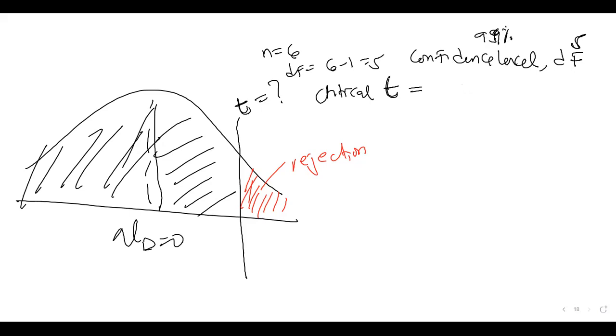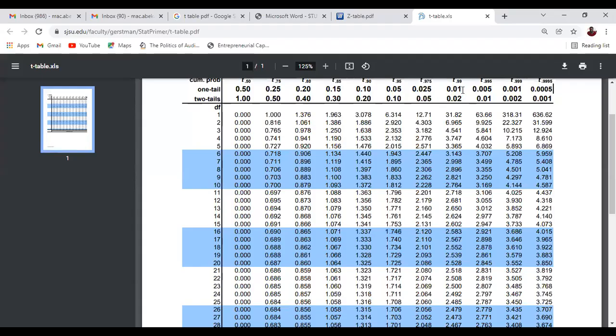All right. Let's go to our T table. For only one of the tails, the alpha is 0.01, and the degree of freedom is 5. So where they meet, we have 3.365.